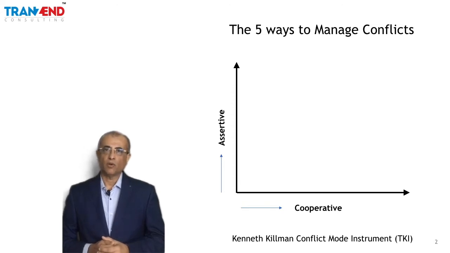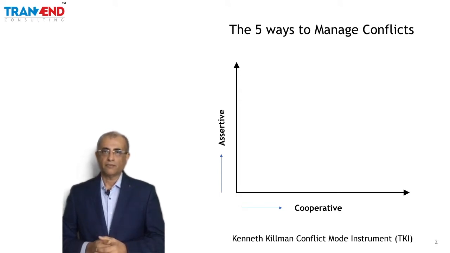Now, assertion and cooperation are two key approaches which are opposites, and these are the two approaches that we can use to manage a conflict. So either we use assertion, which means pushing our way through the conflict, or we use cooperation, which is accepting whatever is being handed to us.